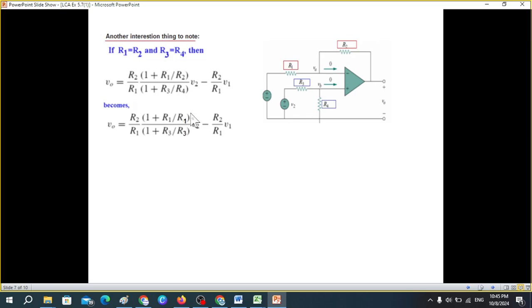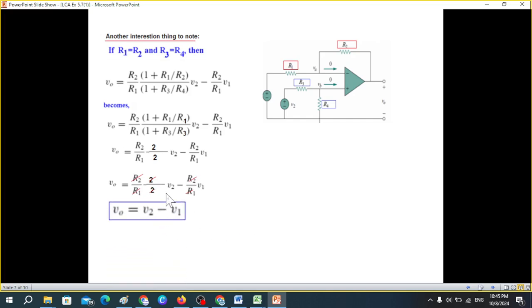So now this will become 1, and 1 plus 1, 2. 2 divided by 2, R2 divided by R1, and R2 divided by R1, but R2 and R1 are same, therefore this will also cancel. So this cancels, this cancels, this cancels. So what is left is V2 here and V1 here. So this is another answer that we can use.